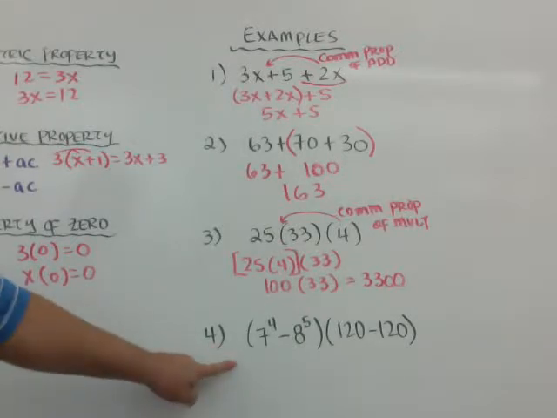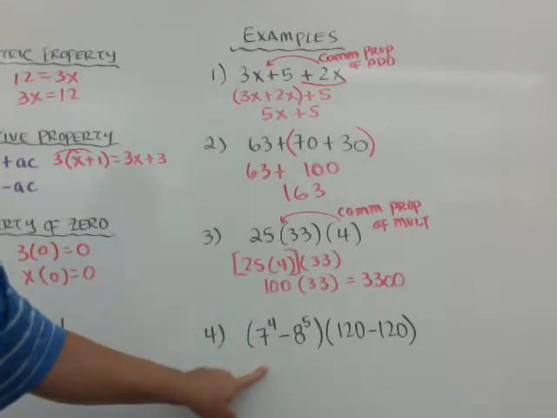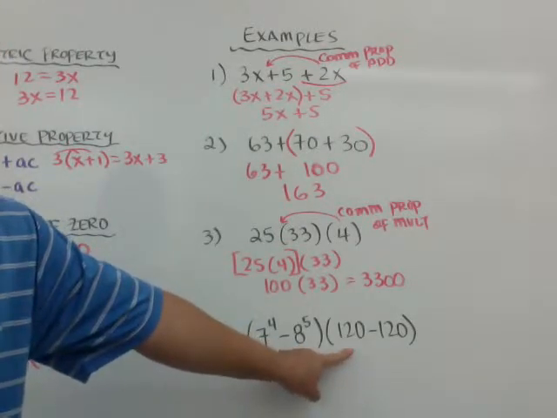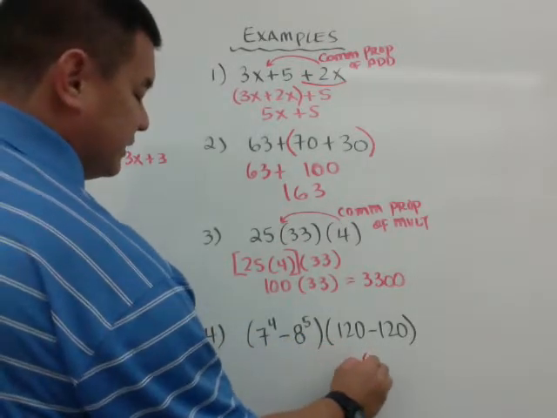Okay? Something like this. 7 to the fourth power, you should have it memorized. It's 2401. Minus 8 to the fifth power, which is 32,768. Again, you should have all this memorized by now. Kidding. But that really doesn't matter, because if you look over here, 120 minus 120 is equal to 0.